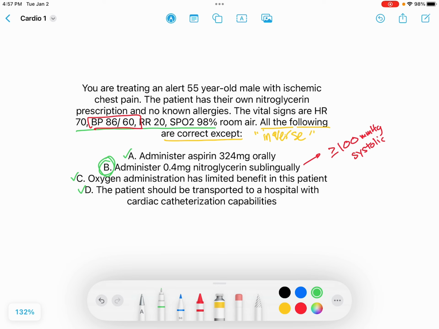Not every hospital can do this. Only hospitals that have cardiac catheterization labs can do this. So wherever you work when you get licensed as an EMT, you will learn which hospitals have those capabilities, which ones don't. And when you get patients with chest pain, you should be bringing them to the hospitals that you do know have that capability.